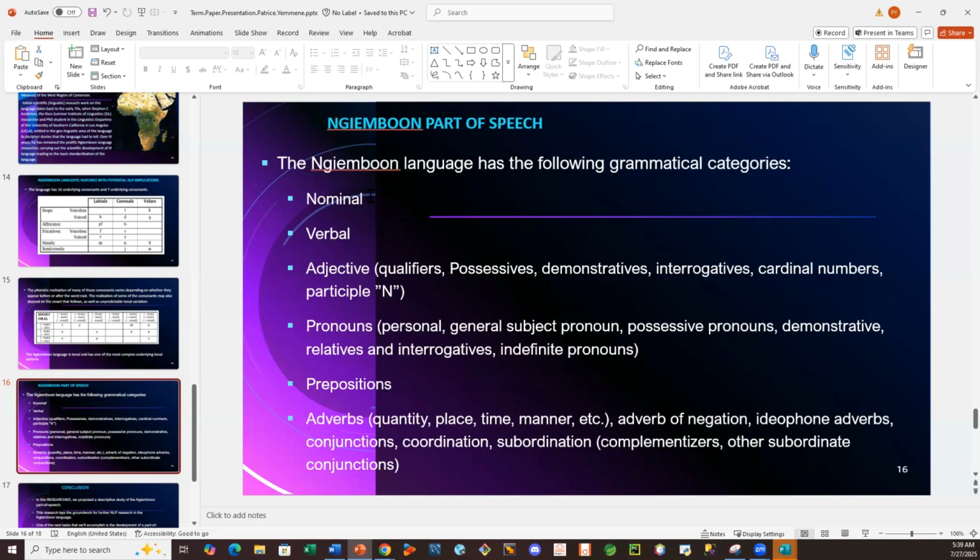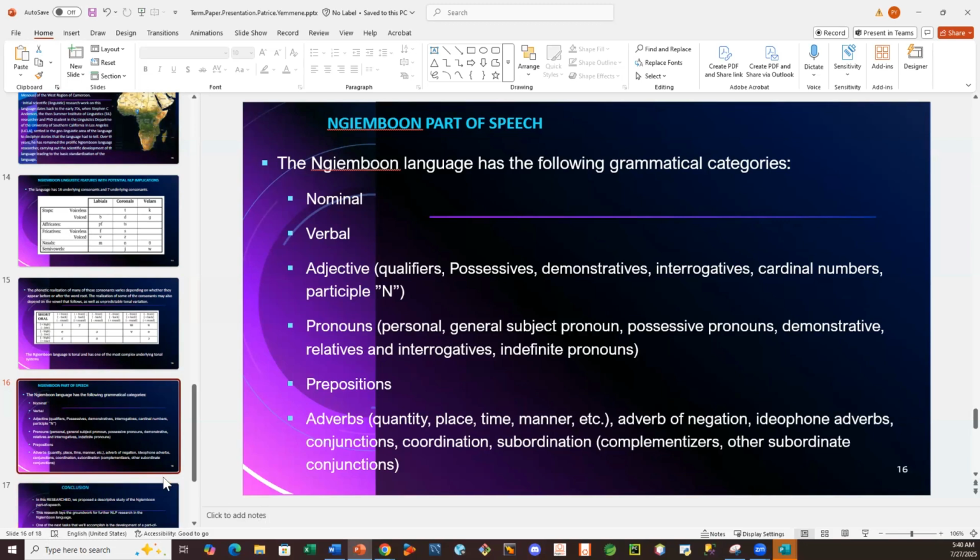It has pronouns: personal pronouns, general subject pronoun, possessive pronouns, demonstratives, relatives, and interrogatives. It also has indefinite pronouns. Obviously, the language also has prepositions as well as adverbs. All of these are much more detailed in the article.